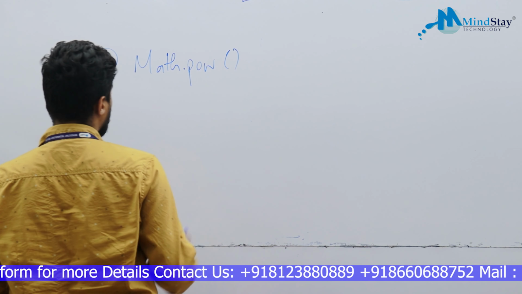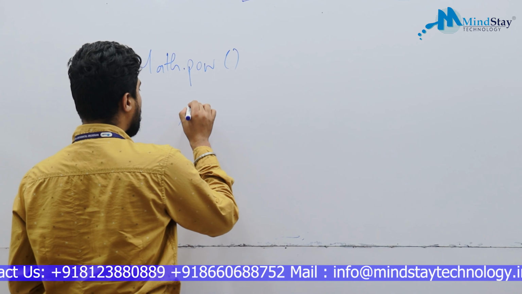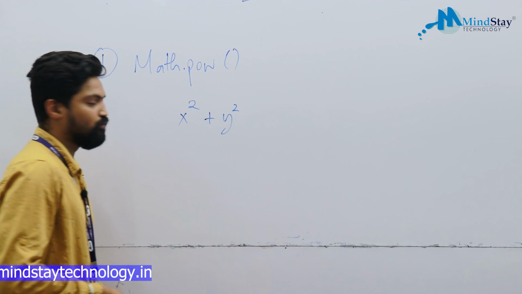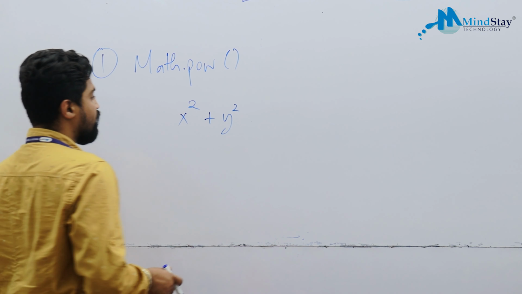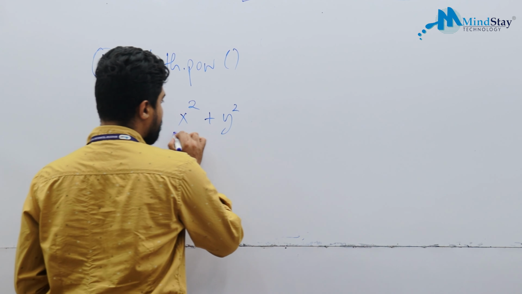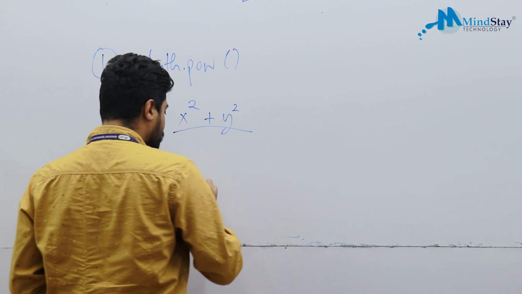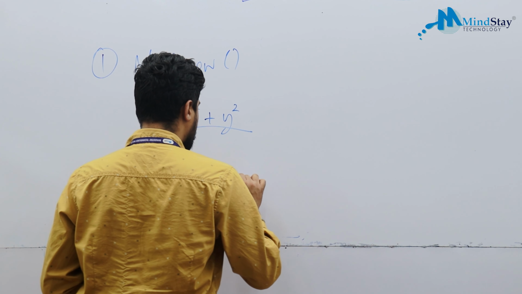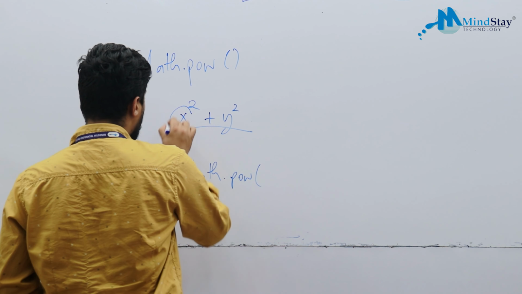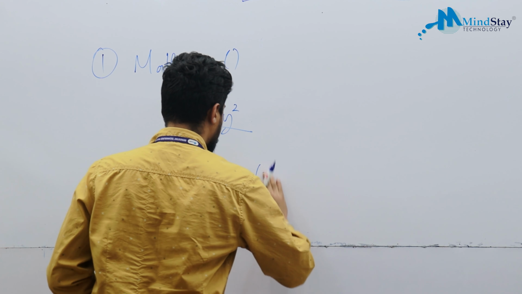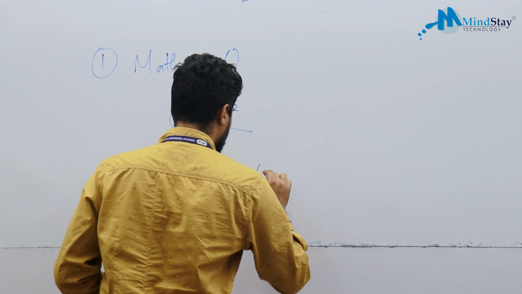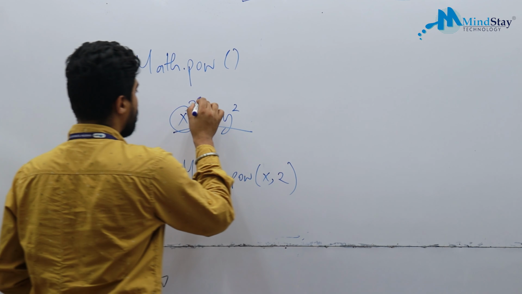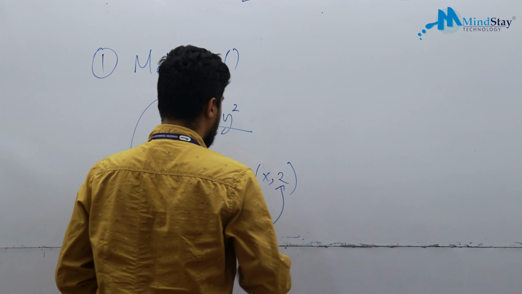Let me show you how this works. For example, you have x to the power 2 and y to the power 2, and you have to solve this. I'm just going to give you the synopsis. In this case I'll type Math.pow, put the first variable here, that is my x, then a small comma, and I put the power here.